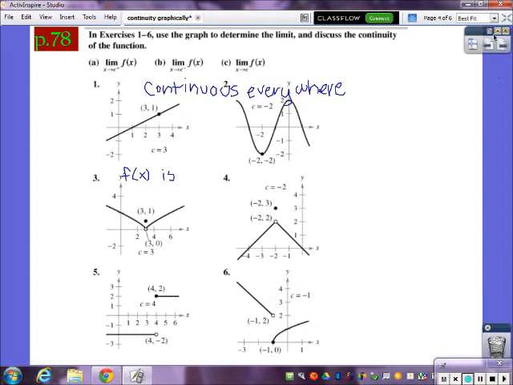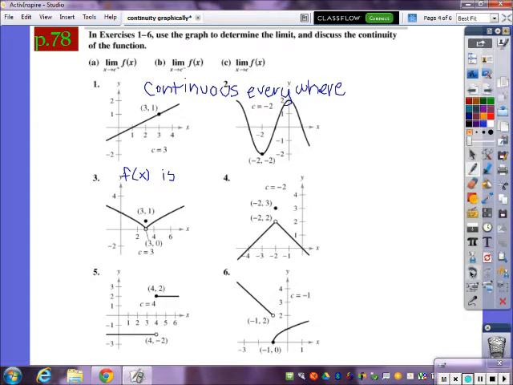well, instead of saying is, let's say has. So f of x has a removable discontinuity, and I need to define where it's located. So removable discontinuity at x equals 3. And to be really thorough, we could provide the reason.